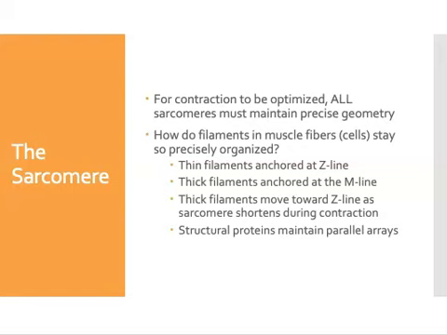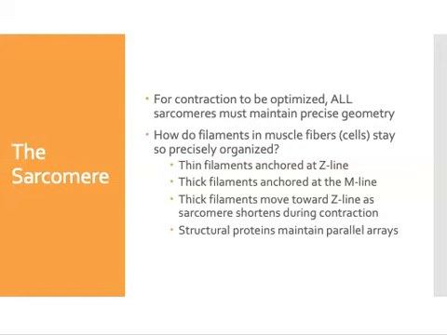You can imagine that in order for sarcomeres to function correctly, they have to maintain that very precise geometry that they have, that hexagonal pattern of thin filaments arranged very precisely around each thick filament.